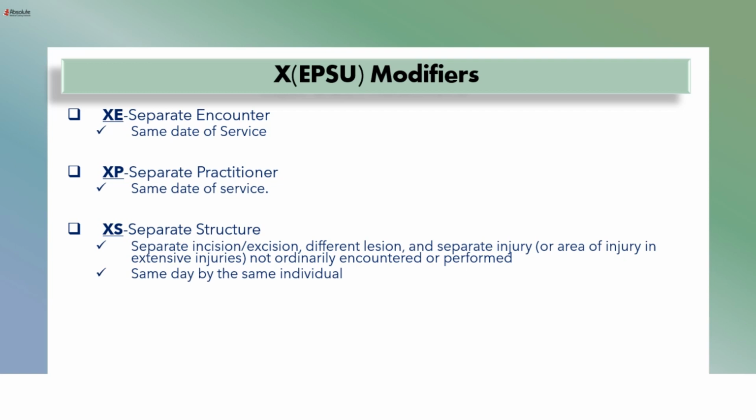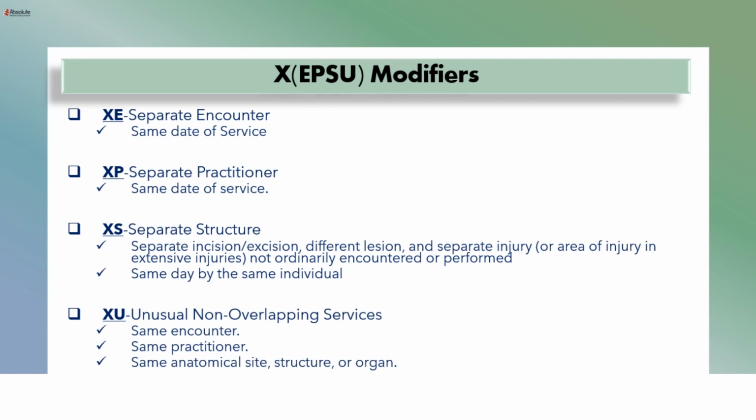So let's say that a patient had an injection into two different structures. Maybe they had an injection into their leg and then one into their shoulder. Say it was a steroid injection into their leg and a steroid injection into their shoulder. That would indicate separate structures, and we can indeed report an XS modifier.